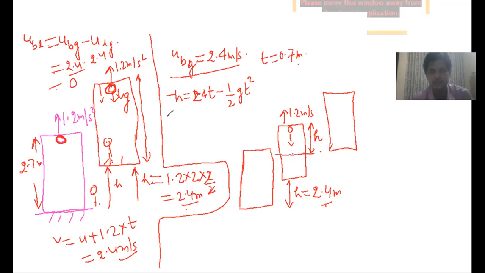So H will be 2.4 into 0.7, and with g as 9.8, half of it is 4.9, so 4.9 into 0.7 into 0.7.